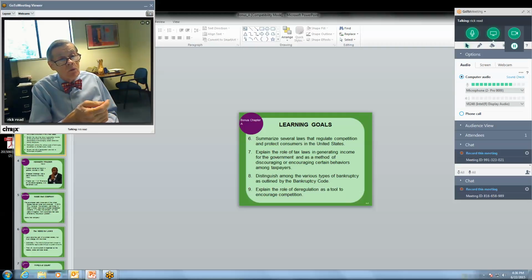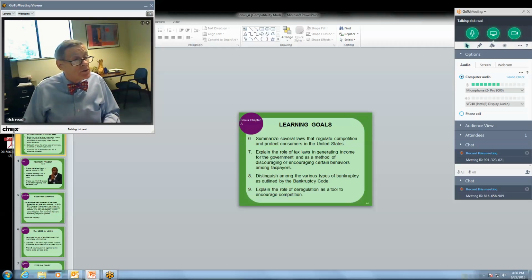Explain the role of tax laws in generating income for the government and as a method of discouraging or encouraging certain behaviors among taxpayers. Distinguish among the various types of bankruptcy as outlined by the Bankruptcy Code. And finally, explain the role of deregulation as a tool to encourage competition.